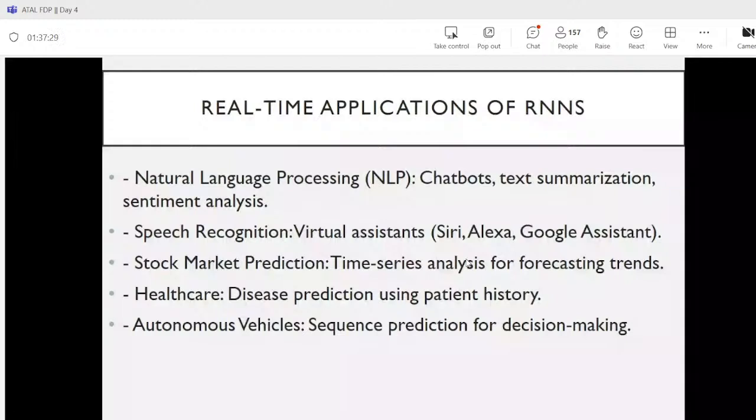These are the major research areas I'm working on, and autonomous vehicles. Autonomous vehicles have not had very in-depth research, but for the decision-making process they can use this, or they are using this in autonomous vehicle applications recently.